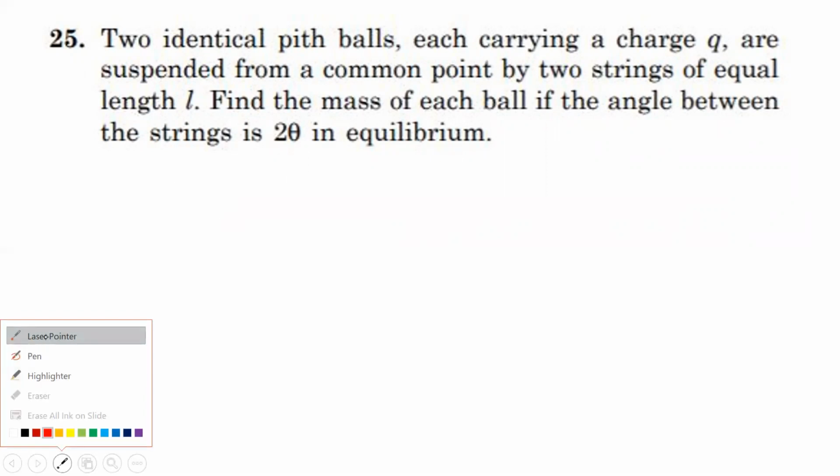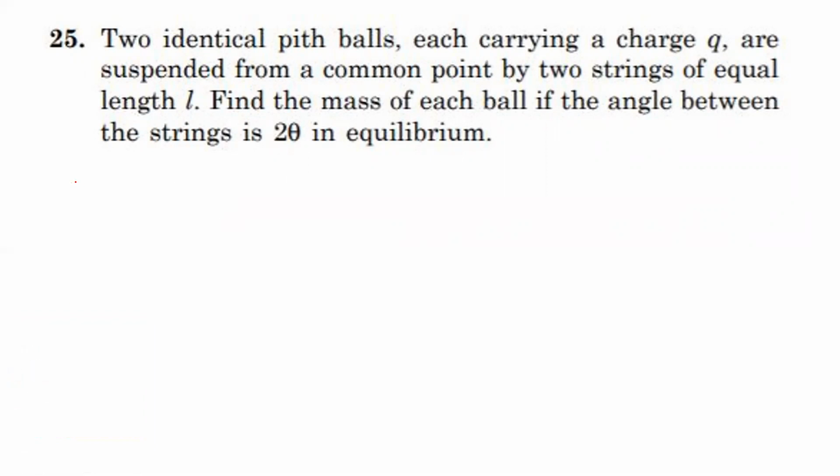That means here two identical pith balls, each carrying charge q, are suspended from a common point by two strings of length L. The angle between these two strings in equilibrium is 2 theta, which means each string makes an angle theta with the vertical.